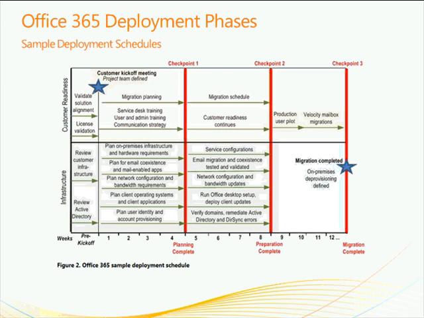Starting out with your Office 365 deployment, some things to think about would be deployment schedules. It's an important aspect to the planning and rollout of your deployment. In this presentation, we're going to follow into the initial planning stages.